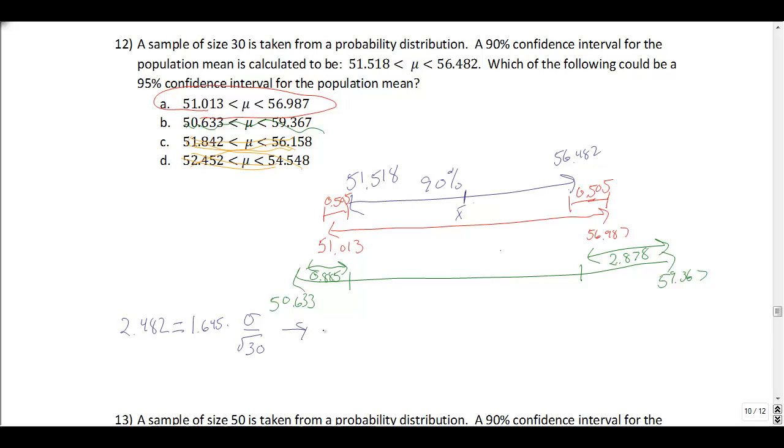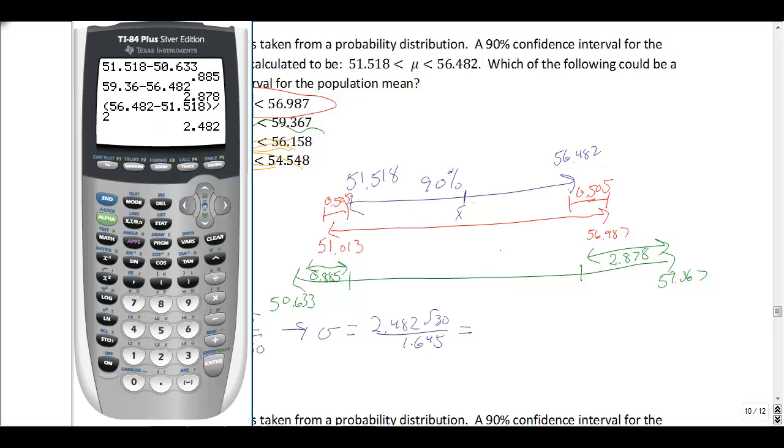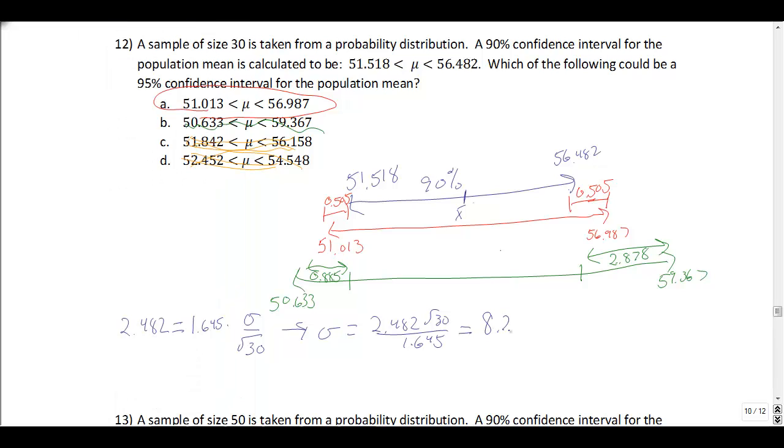So sigma is 2.482 times square root of 30 over 1.645. And so that should be 2.482 times square root of 30 divided by 1.645, something like 8.26. So that's sigma if we're using a Z distribution.